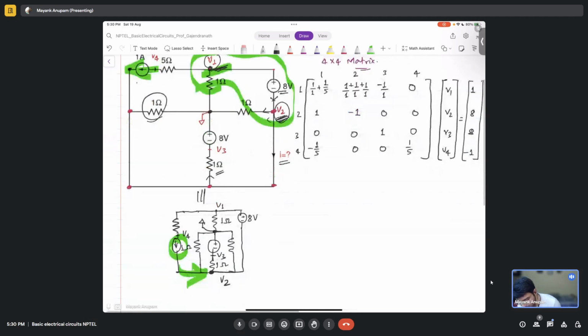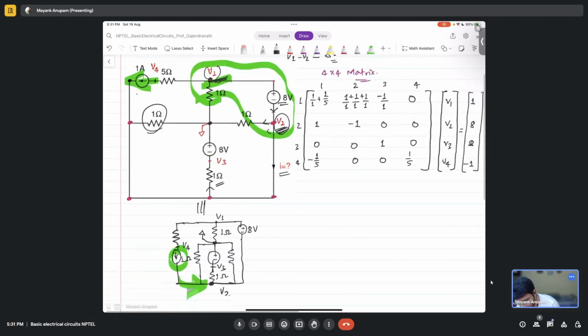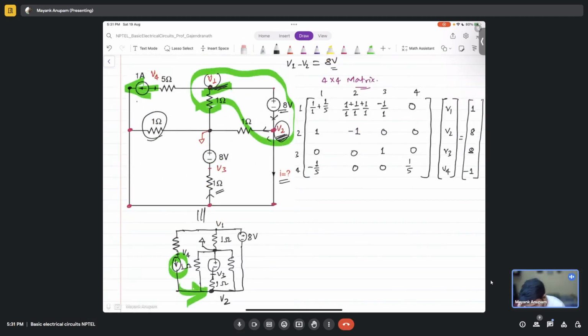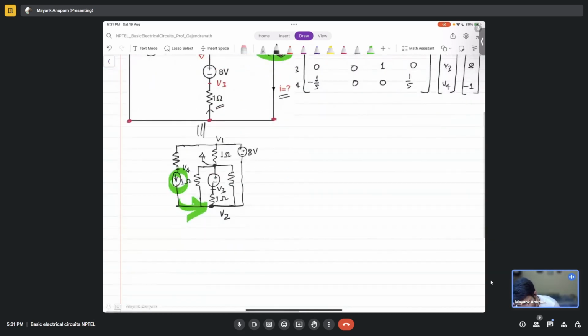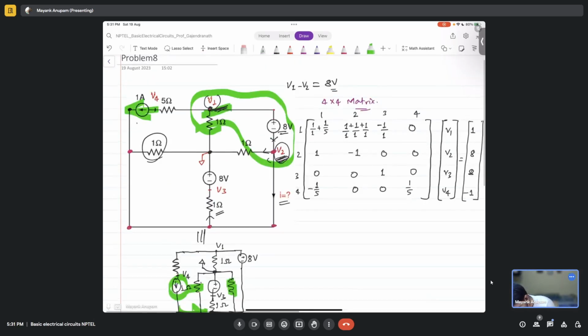You could also solve this question without forming the matrix, because a lot of things are connected in parallel here. It would have been much easier to simply solve the circuit. You see this resistor here and this resistor here, these are in parallel, right? This 1 ohm resistor and this 1 ohm resistor here, these two are in parallel, right?